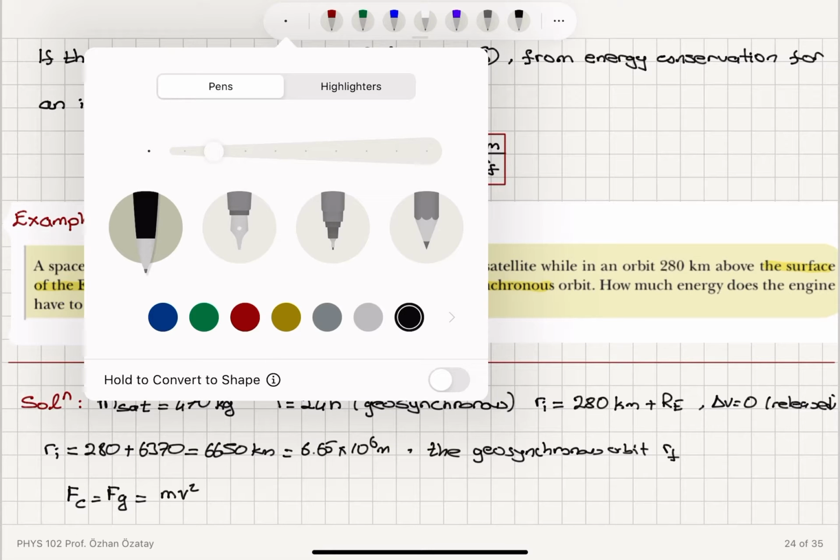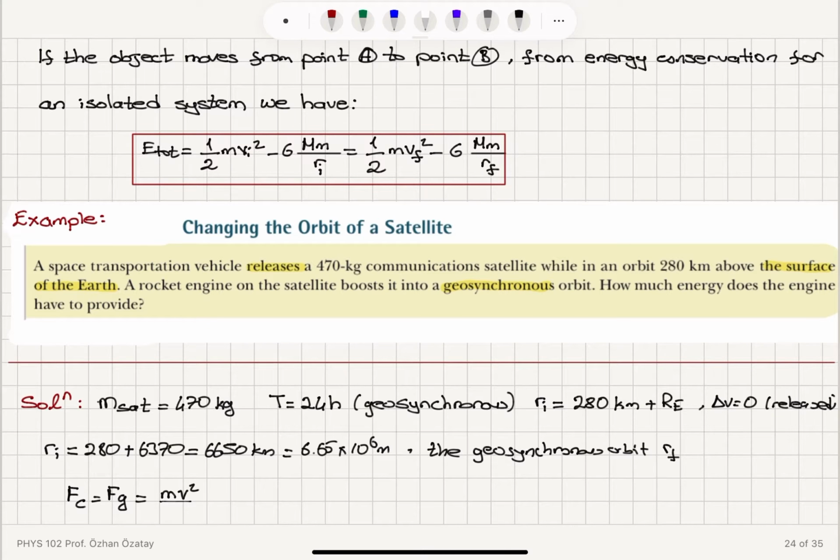This will be equal to G M, mass of the Earth, m, divided by r final squared. So I can see that there will be a simplification here.